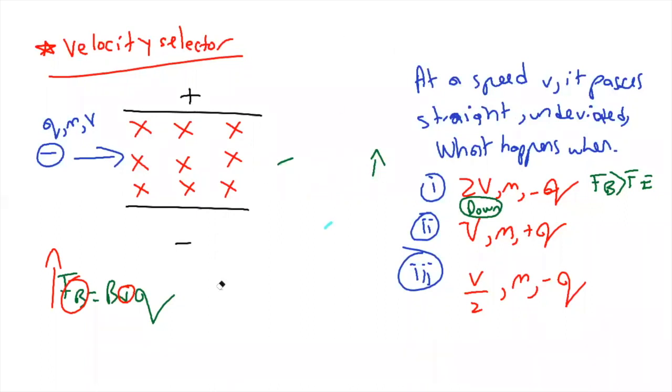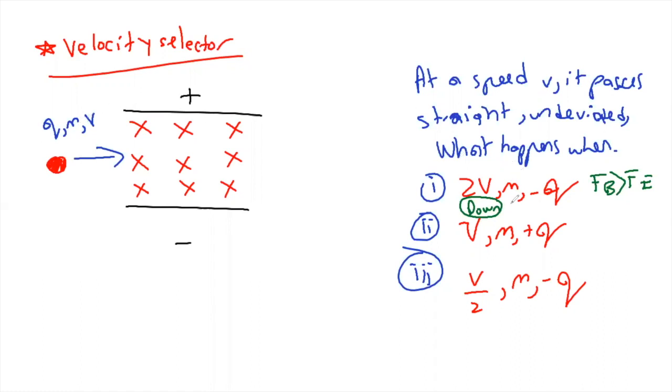All right, let's look at the next situation: v, m, and plus q. So this is plus q now. By the way, maybe I should not have written this as an electron. Let's just write it as a particle, because you guys are going to get confused. So this is a particle with q, m, and v.